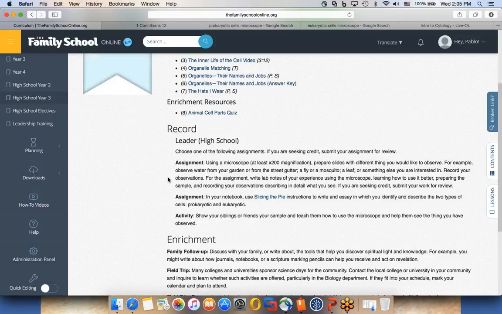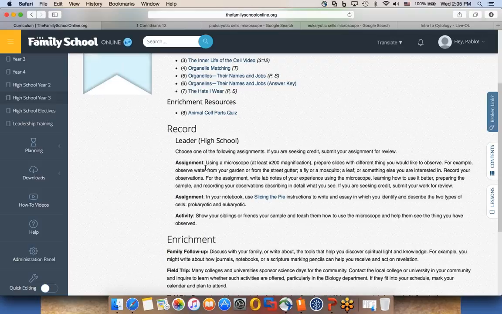Under each one, you are going to have 2 or 3 different assignments that you can complete. You are only required to complete 1 assignment per lesson.